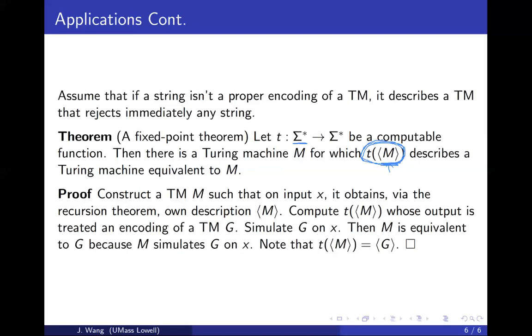So let's prove it. We construct a Turing machine M such that on input X, it obtains via the recursion theorem its own description, which is the encoding of M. So this Turing machine M can obtain its own description as input. Then, of course, M can compute T of the encoding of M, whose output we know is the encoding of a Turing machine.